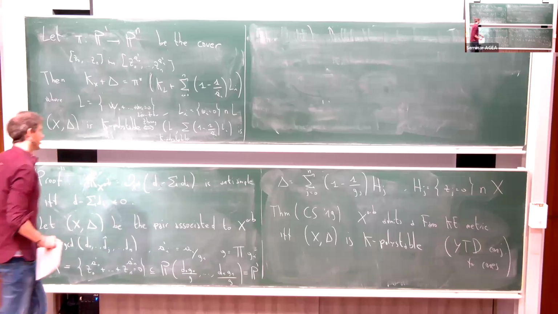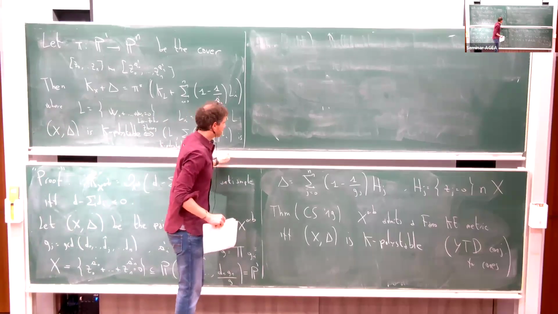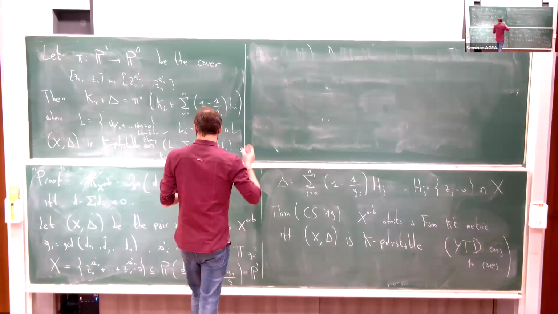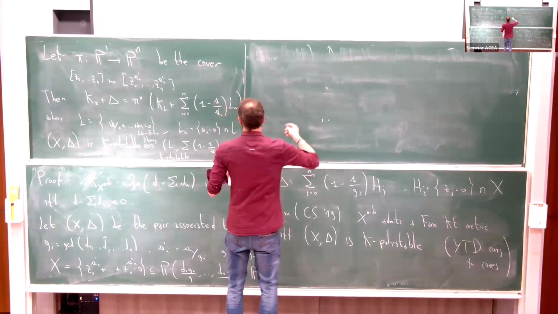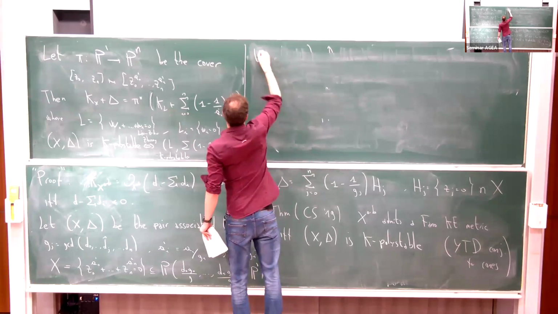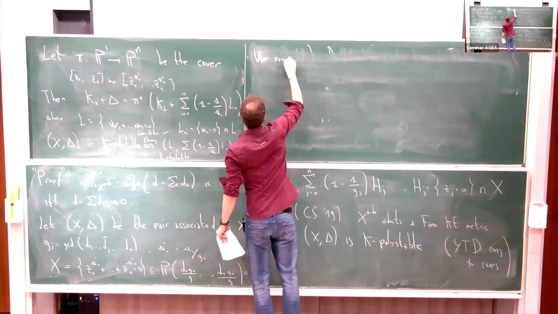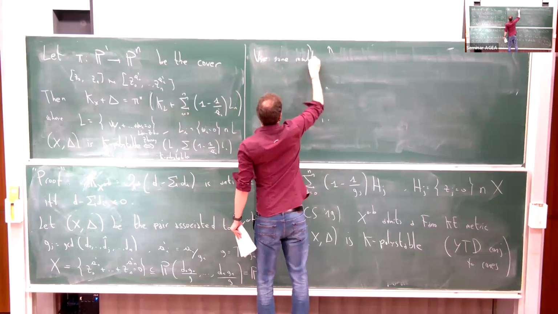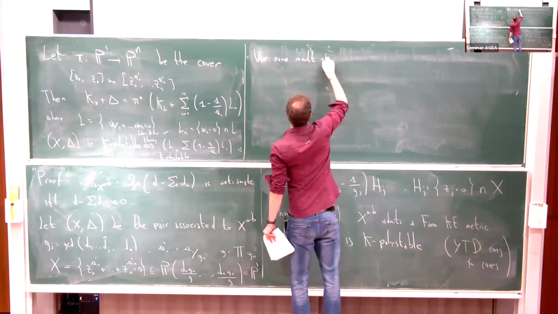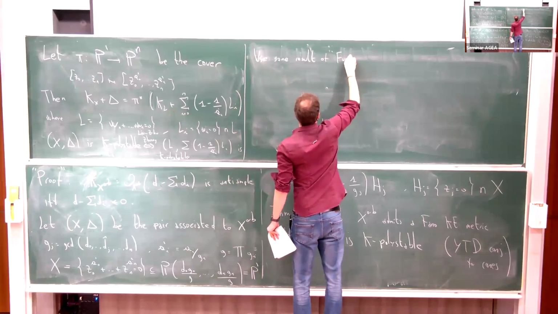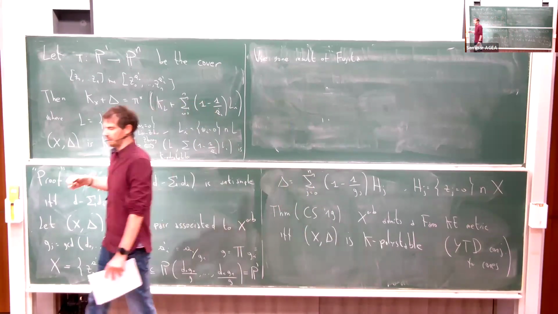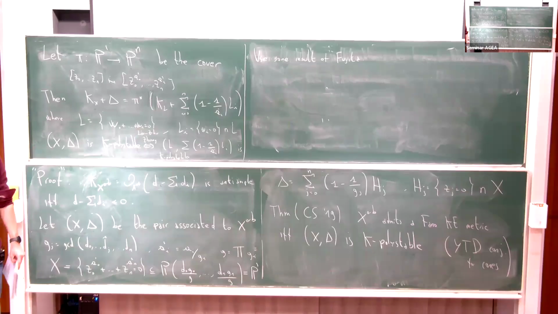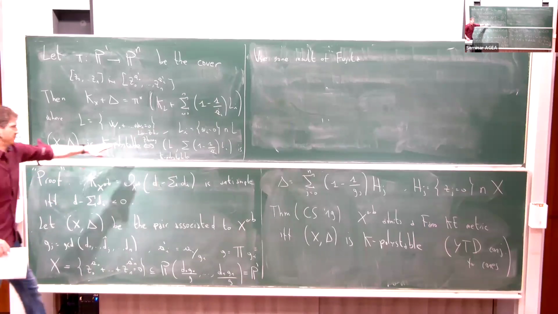Okay, and then you have to do some computations, and essentially you use some result of Kento Fujita. More precisely, he has a paper on K-stability of hyperplane arrangements, and this is exactly the situation in which we are.